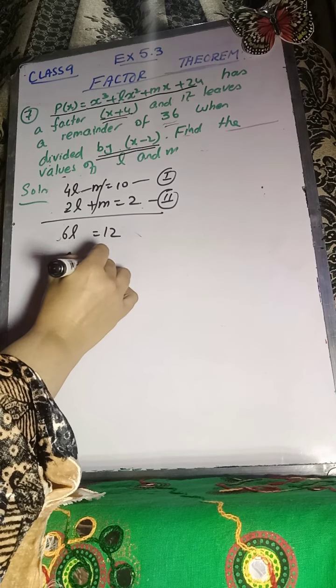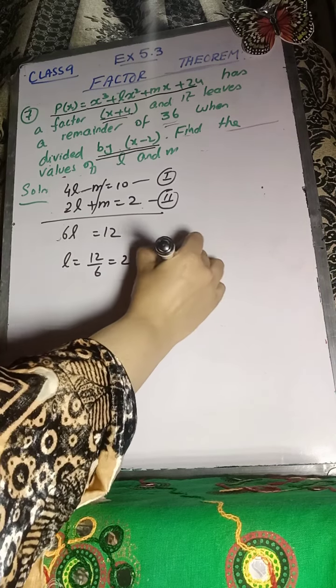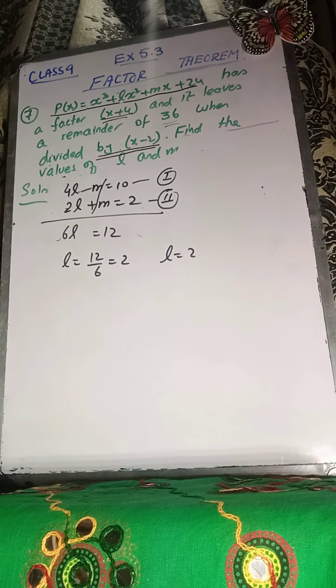This was equation 1 and this is equation 2. In order to solve them, let me first add them so that M cancels out and we get the value of L. If we add them, we get 6L equal to 12. L will be equal to 12 by 6, which is equal to 2. So the value of L will be 2.